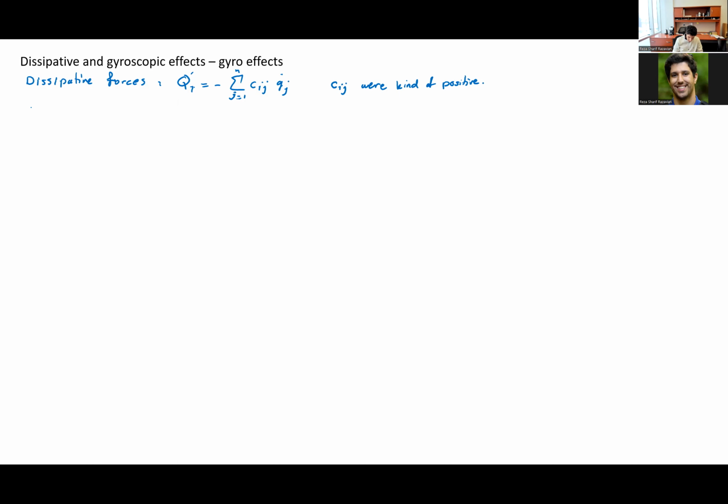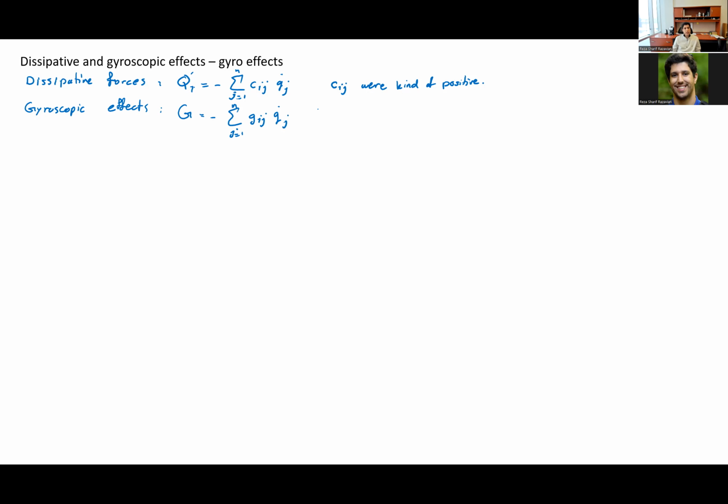Gyroscopic terms, gyroscopic effects or forces, they take a very similar form. j from 1 to N, Gij q dot j.